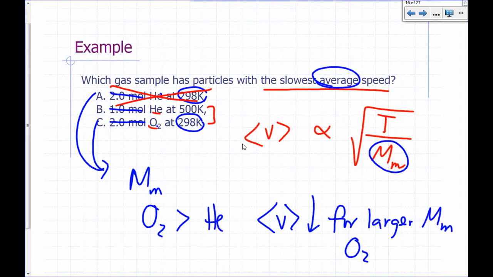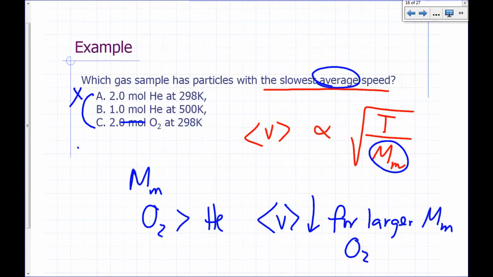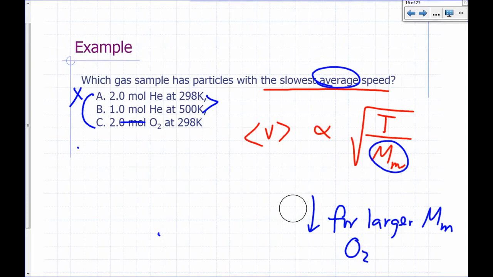So let's compare A and B instead. We've already compared A and C, and we said it can't be A. Let's compare A and B then. We're comparing helium. Again, it doesn't matter how much you have.